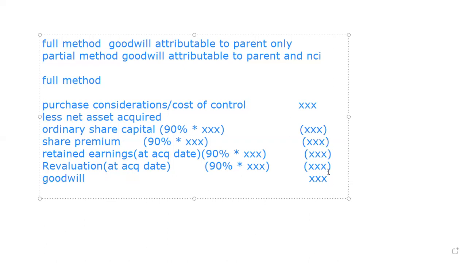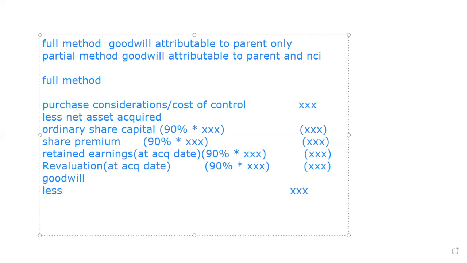So we go to goodwill. If we have any impairment, we need to deduct it. Take the percentage of impairment, multiply it with the goodwill, then you less it from there.